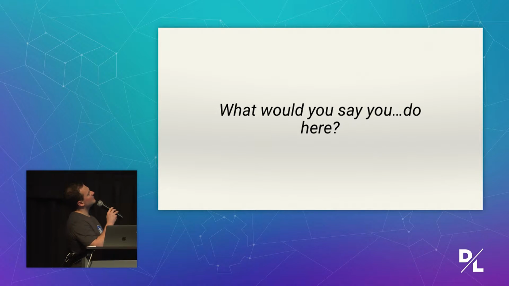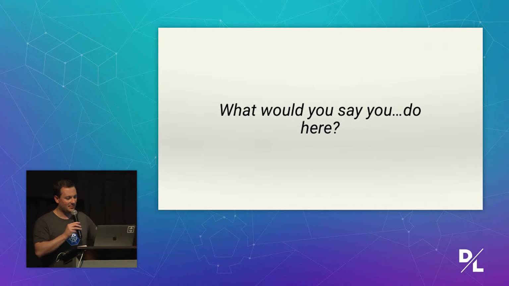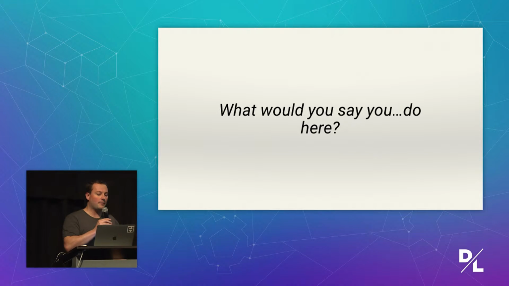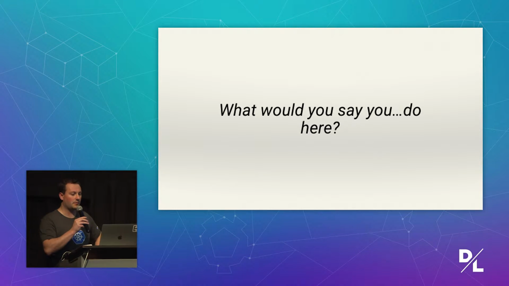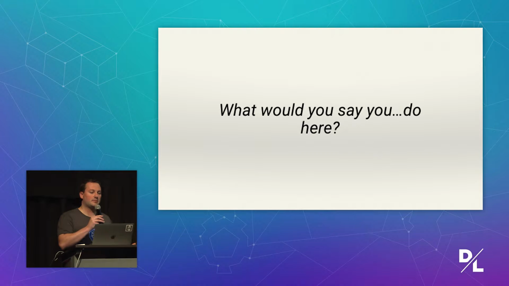So Kubernetes, what do you say you do here? Kubernetes is a platform, there's that word again, a platform, that abstracts away the messy details of running applications in the cloud as well as on-prem. And this higher level abstraction layer enables two key things. Number one is portability.